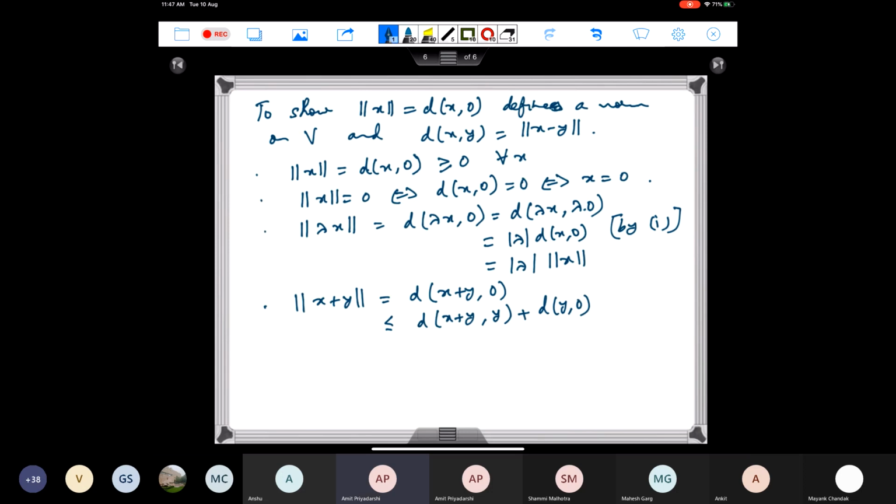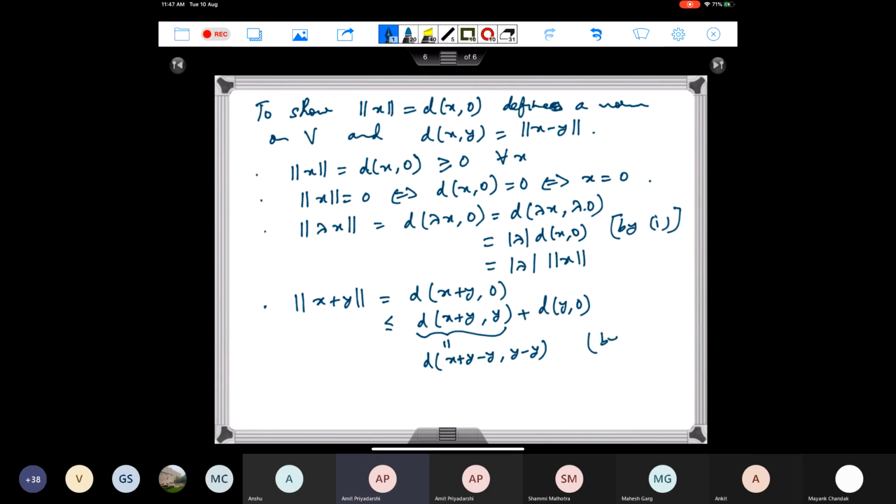This is by triangle inequality of the metric D. And now we will use translation invariance. So this d(x plus y, y) is equal to d(x plus y minus y, y minus y).